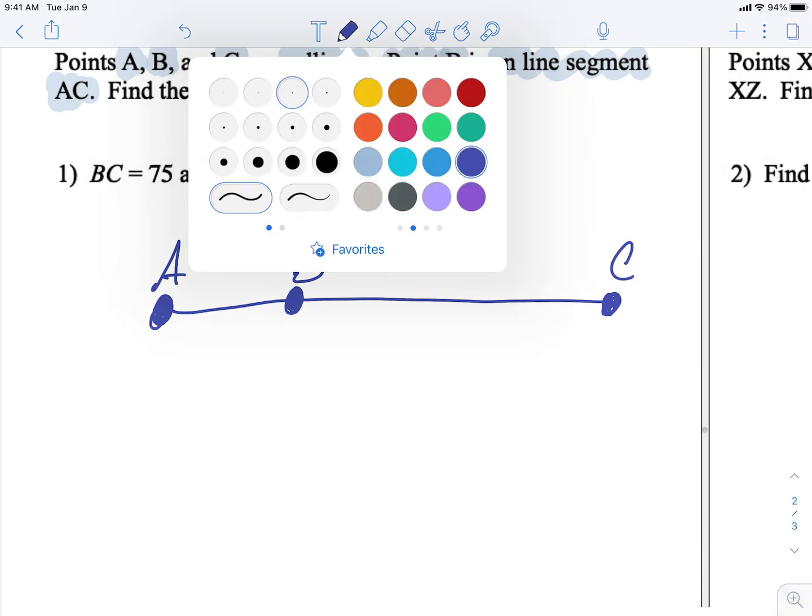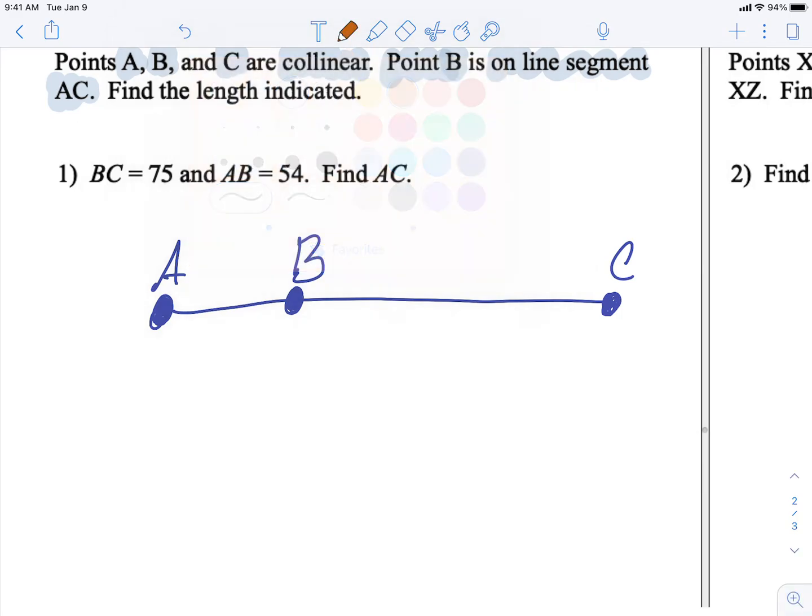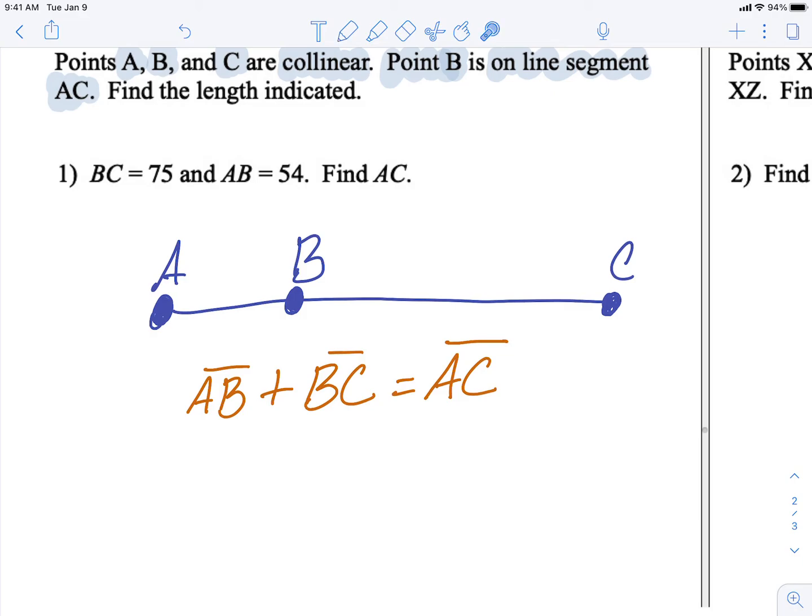So let's set up our segments. Short plus short equals long, right? AB plus BC is equal to AC, right?